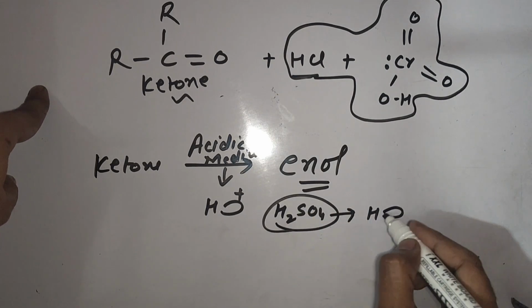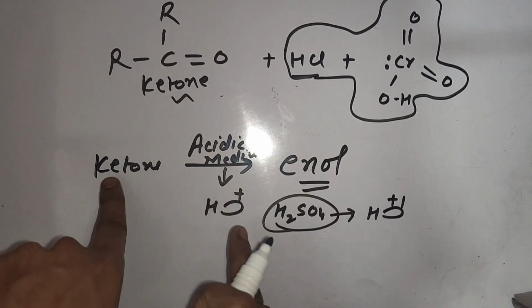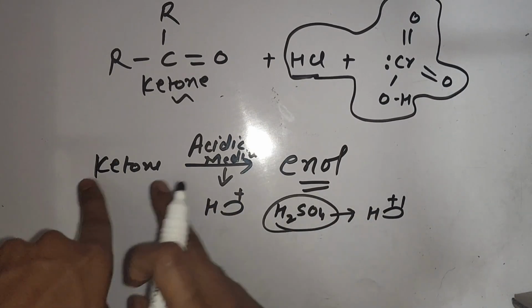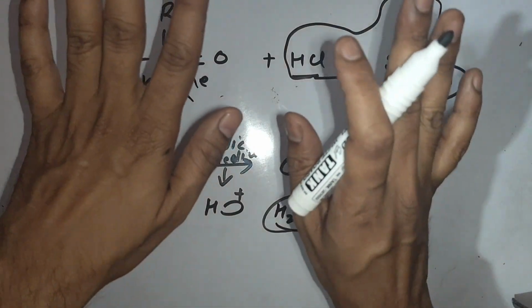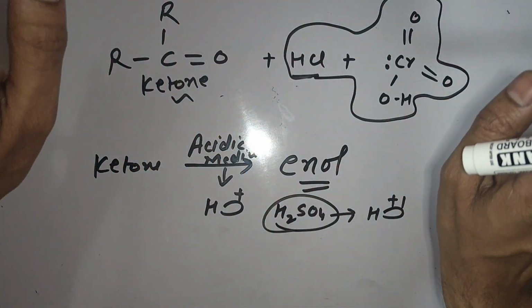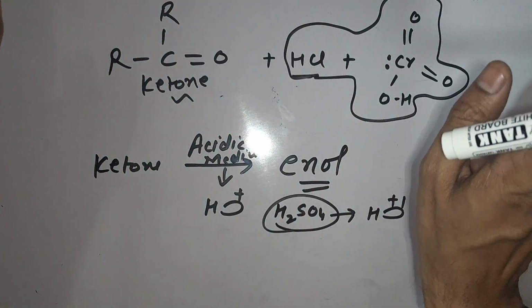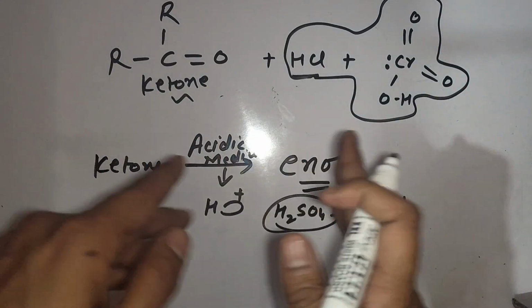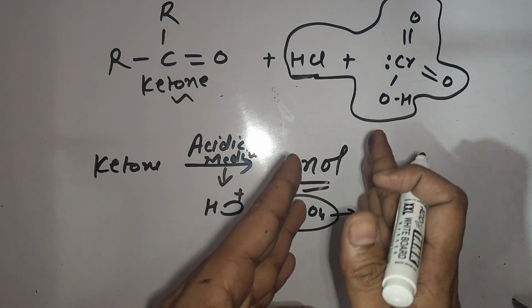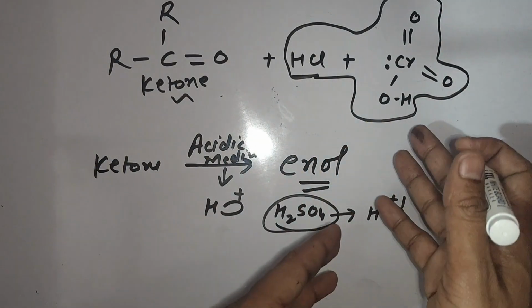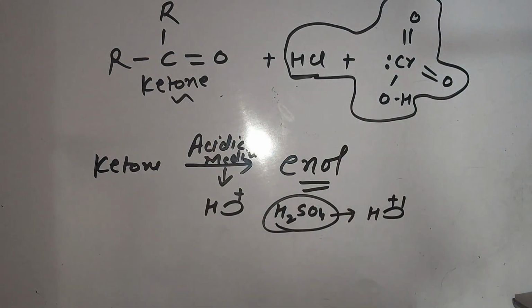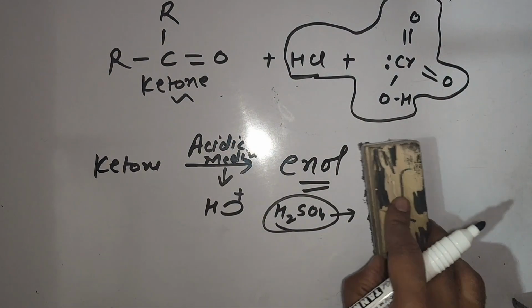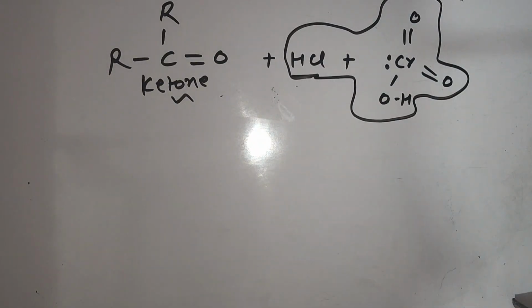So H positives were delivered by them, and they turn ketones into enol. The enol will further oxidize, but here we don't have such acidic mediums. H positive ions are not available, so ketones will not change to enol, and if they are not changing to enol, obviously their further oxidation is not possible. That's why PCC will stop 2-degree alcohol only at the ketone stage.